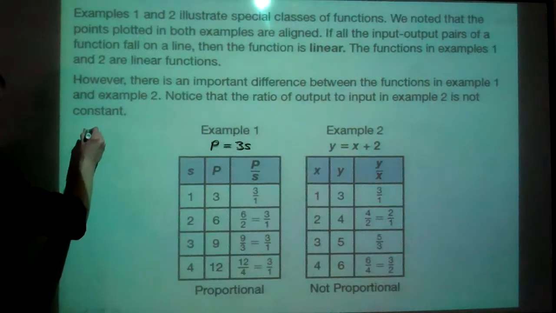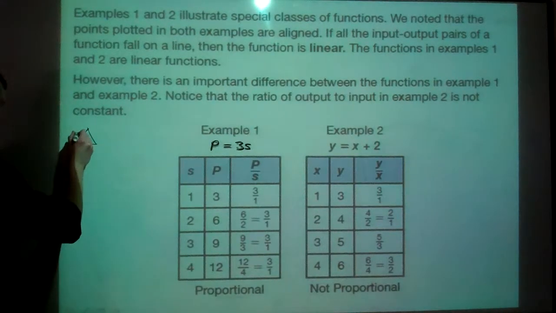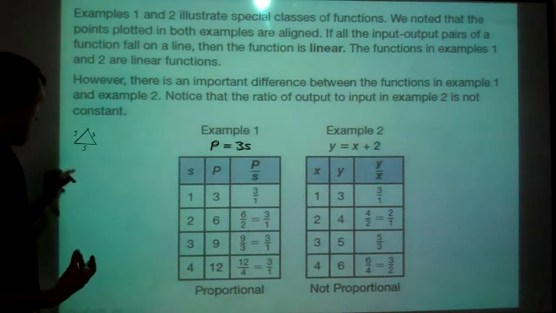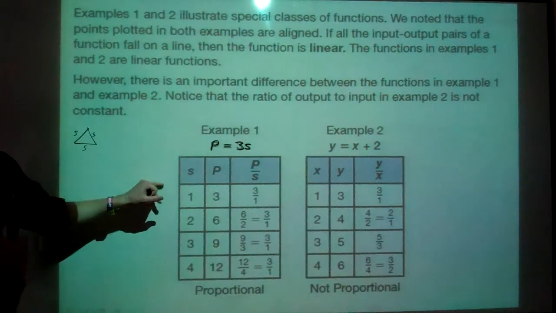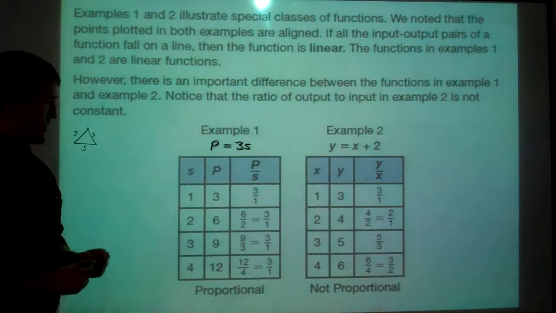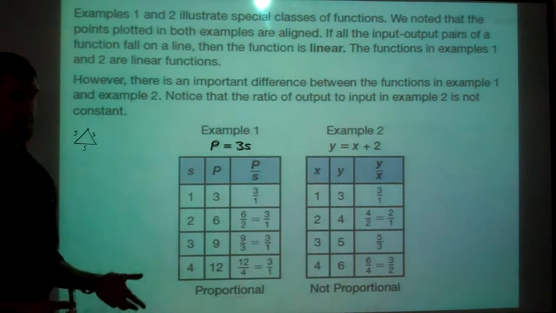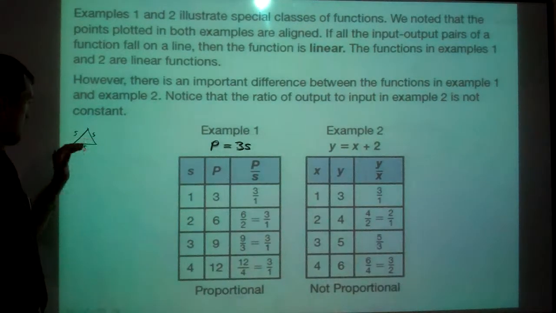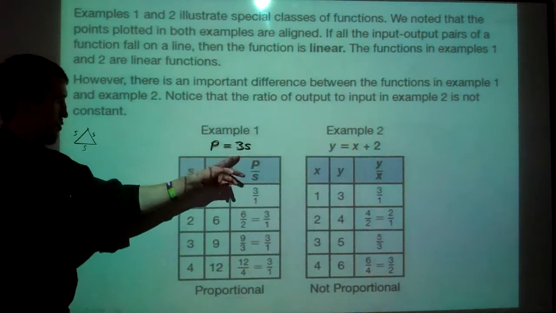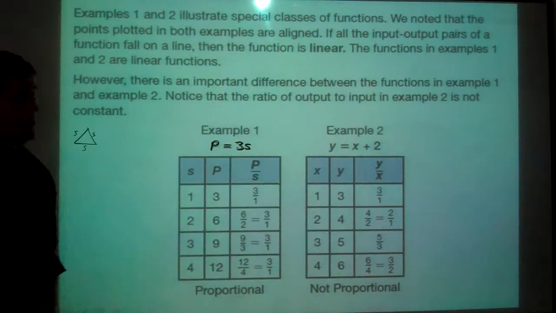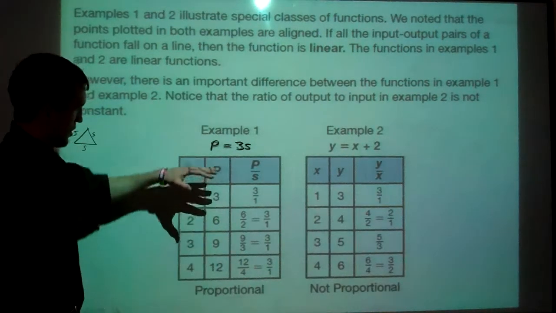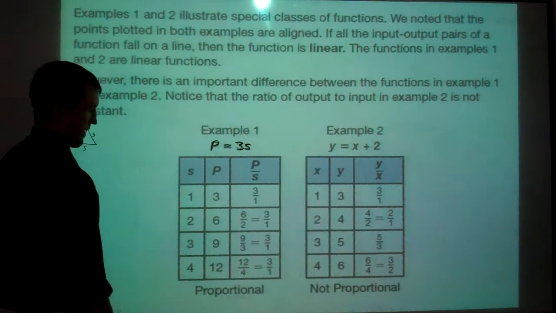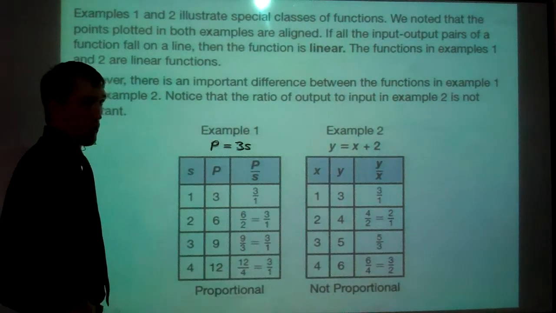That's when all the sides are the same, so S, S, S. So the perimeter is going to be S plus S plus S, but if all the sides are the same, taking 3 times S gets you that perimeter faster. So if our side length is 1, 1 plus 1 plus 1 is 3, or 3 times 1 also gets you to 3. So this is just an example of an equation that is proportional. This one is proportional because we have that common factor or multiple.